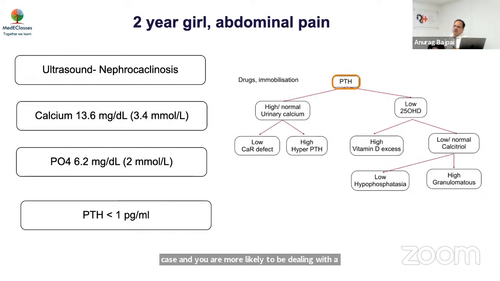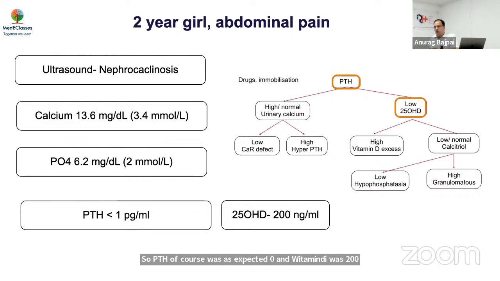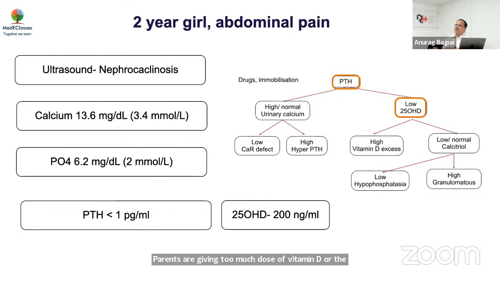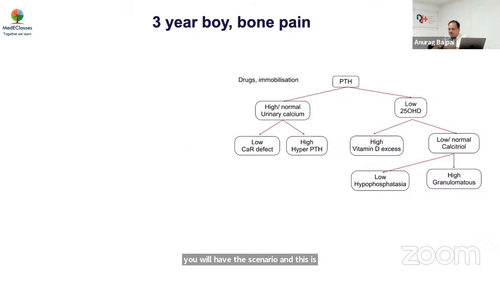So PTH, of course, was as expected 0, and vitamin D was 200. So this is a very common scenario wherein there is an iatrogenic excess. Parents are giving too much dose of vitamin D, or the doctor has prescribed too much dose. It is usually because of injectable preparations, but sometimes if you continuously take the oral preparation, you will have this scenario, and this is vitamin D toxicity.